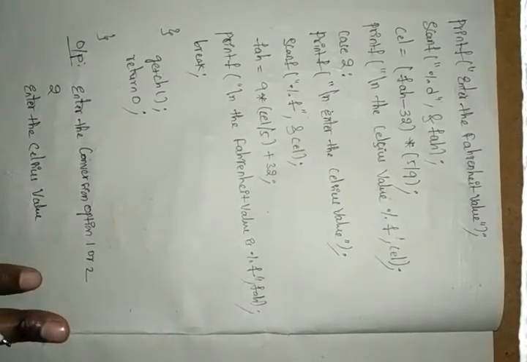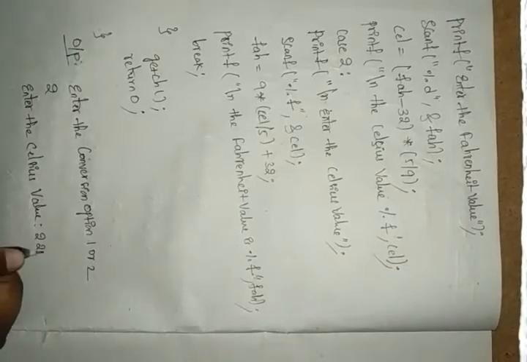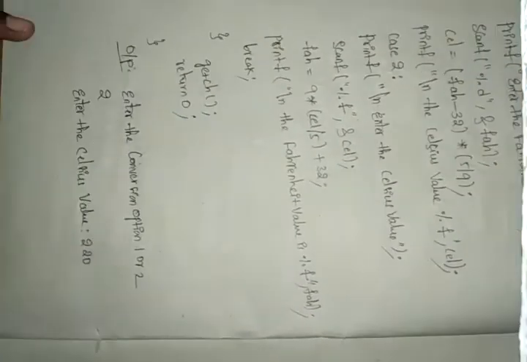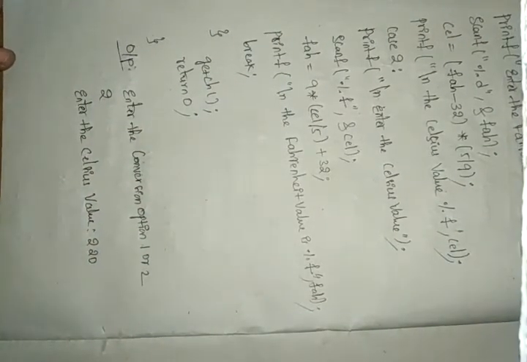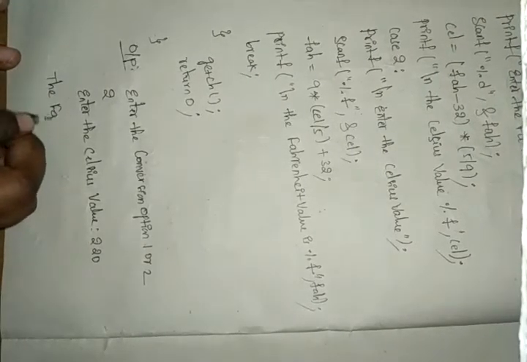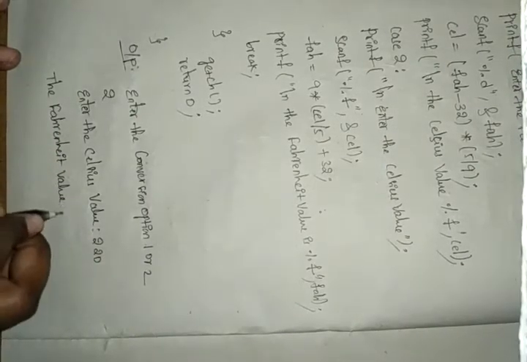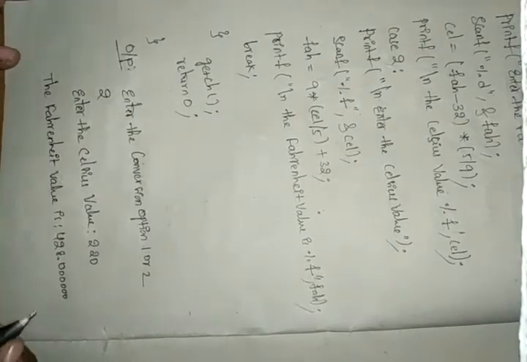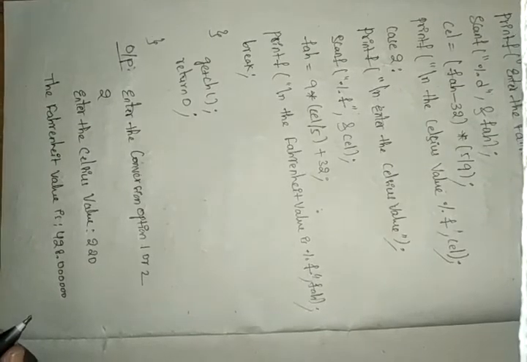Suppose here I am entering the Celsius value as 220. So it is displaying the Fahrenheit value, which will be in fractional points. The Fahrenheit value is 428.00000. The Fahrenheit value will be displayed like this.